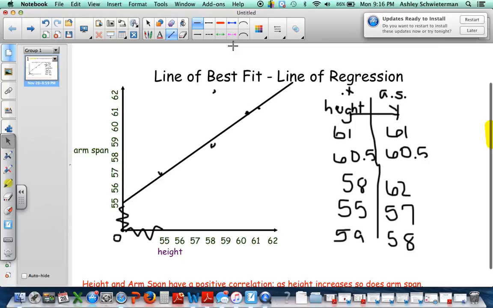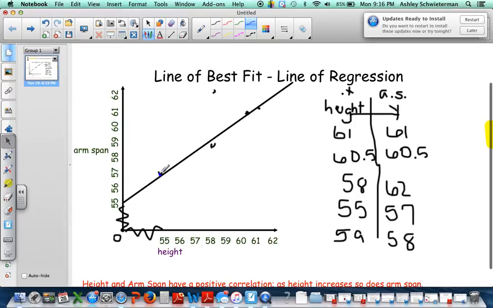Now, after I've done that, I need to mark 2 points on the line, whether they're 2 of the points you were given, or you personally can create them and make them on that line.